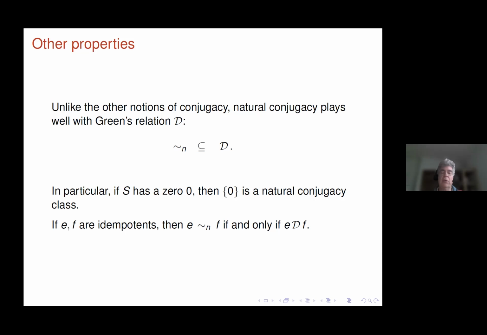And that's not true of any of the notions of conjugacy that are sitting above this. Another fact is that if you restrict natural conjugacy to just the set of idempotents, it coincides with the D relation, in fact.